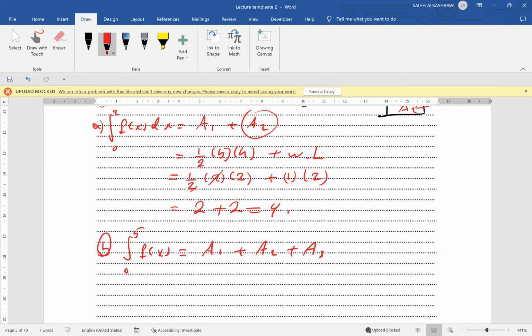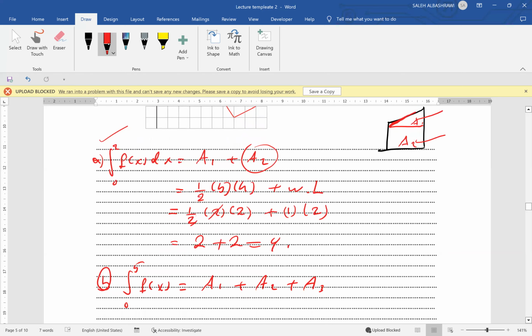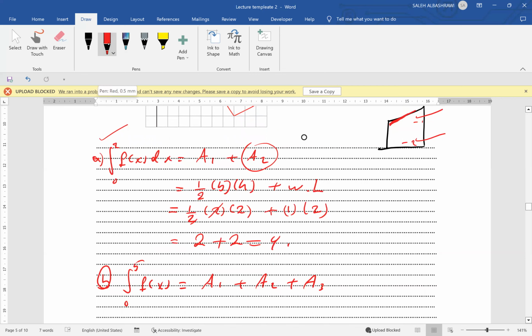I have three areas. The first one was the trapezoid, and we already found it in part A. This is A1. A2 is a rectangle, that is 1 multiplied by 3, the height. And A3 is a triangle.